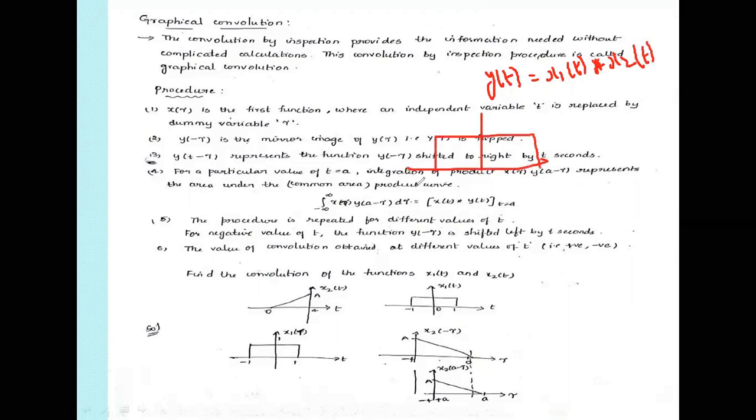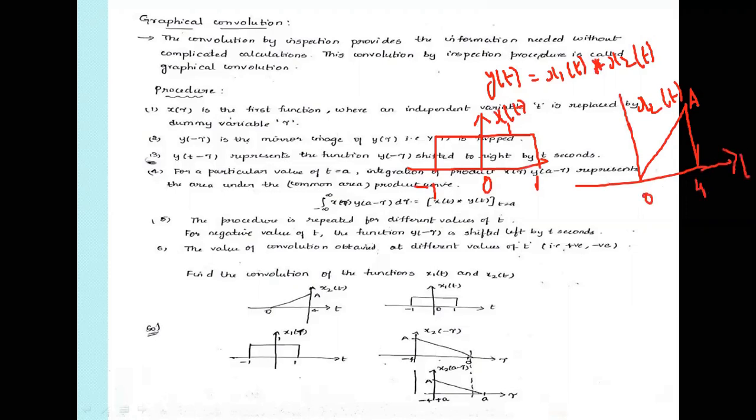X1 of t is from -1 to 1. And x2 of t is a linear function from 0 to 4. The value is a at 4. From 0 to 4 only is the variable t.